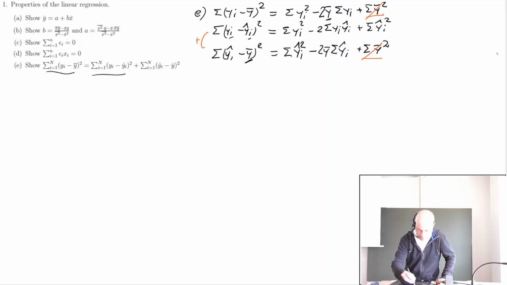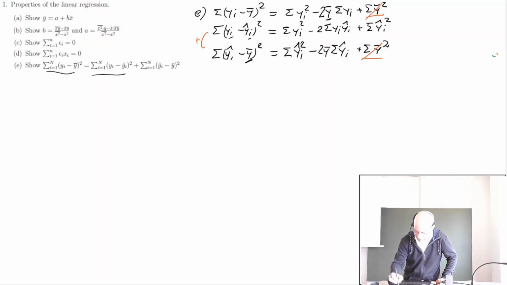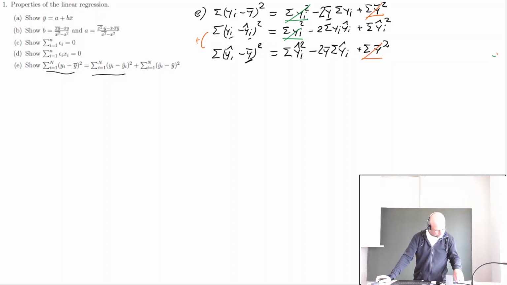Also, let's take another color, the sum over yi squared. We find it only here, so this also cancels out. So what else? Then nothing else cancels out.